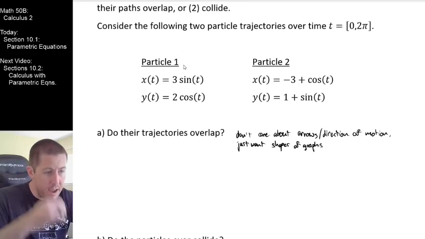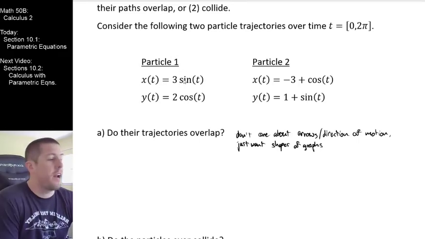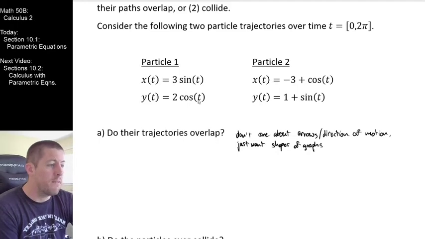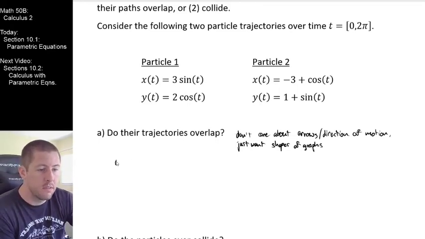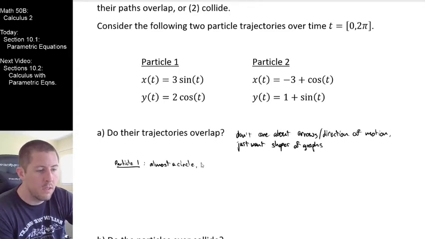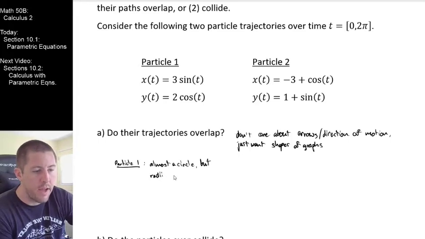So what shapes do these graphs take on? Well, you should notice that our first guy, particle 1, looks sort of like a circle, almost a circle, but the radii terms are different for x and y.